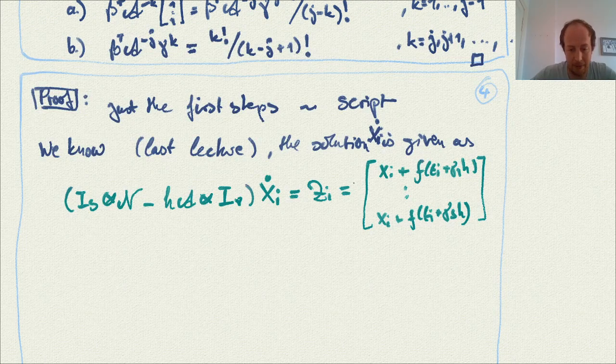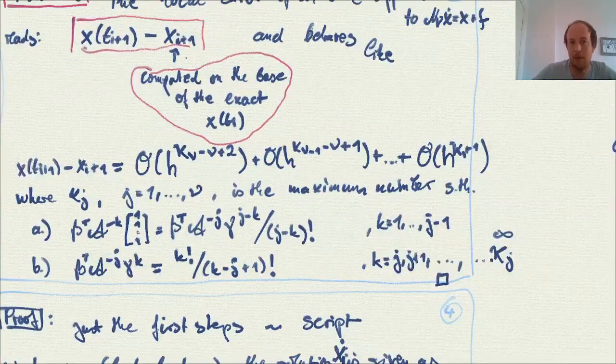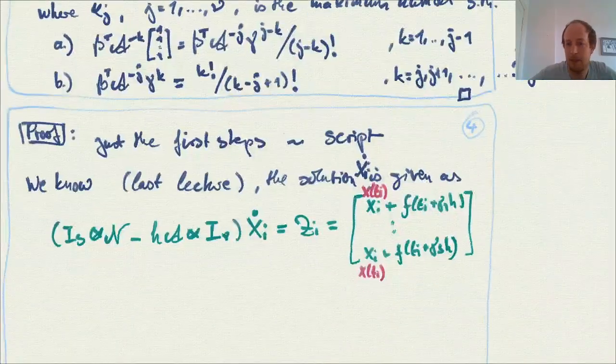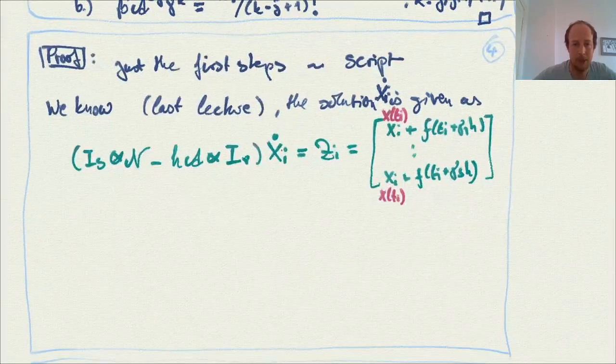Since we consider the consistency error, what we will do actually is putting in here the exact solution, x of t_i. This will be then the consistency error. Typically one only has the numerical approximation, but to consider the consistency error, we compute on the basis of the exact solution.